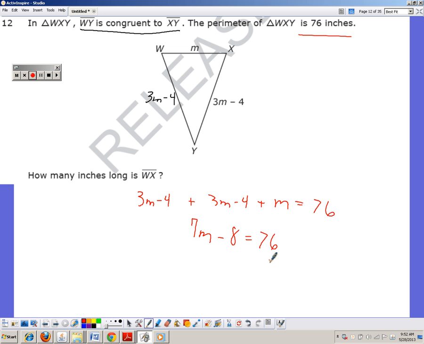Next step says subtract 8. We're going to add 8. So 7M equals 84. To find M now, all we got to do is divide.